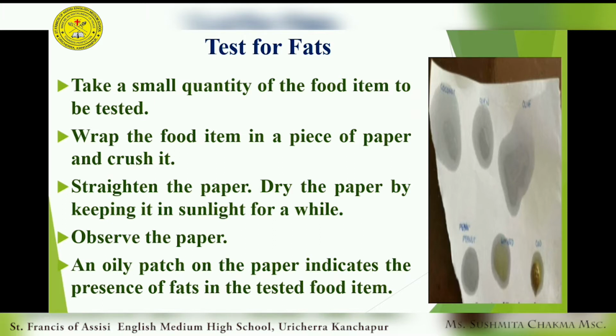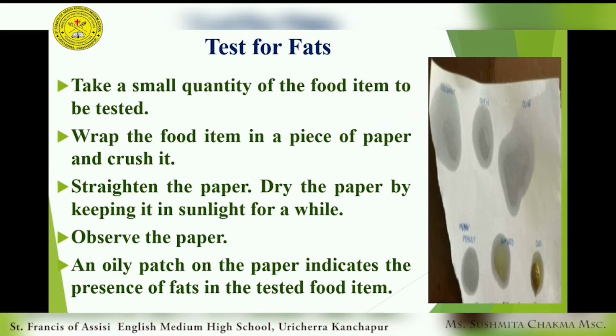Now how can we test for fats? We'll take a small quantity of a food item which contains fats. For example, coconut, corn, olive, peanut, all these are fat containing foods, right? So we can take any of these examples.